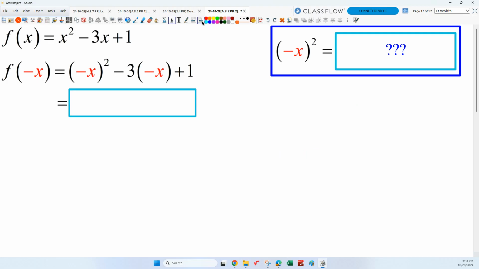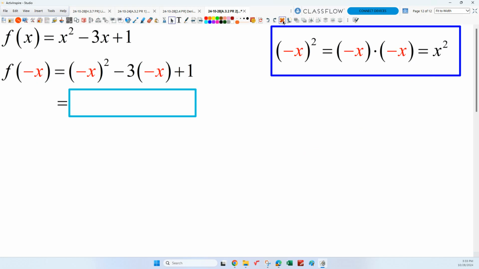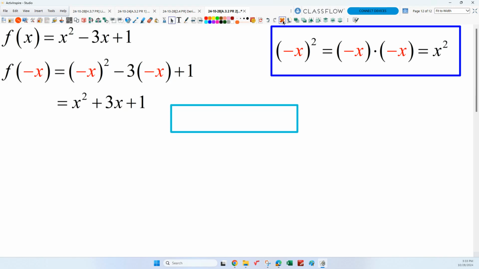It's like saying, what's negative 4 times negative 4? 16. Negative x times negative x is just positive x squared. Negative times negative is positive. So then I get x squared minus 3 times negative x, which is plus 3x plus 1, and that's it. That's the function I get when I substitute negative x in.